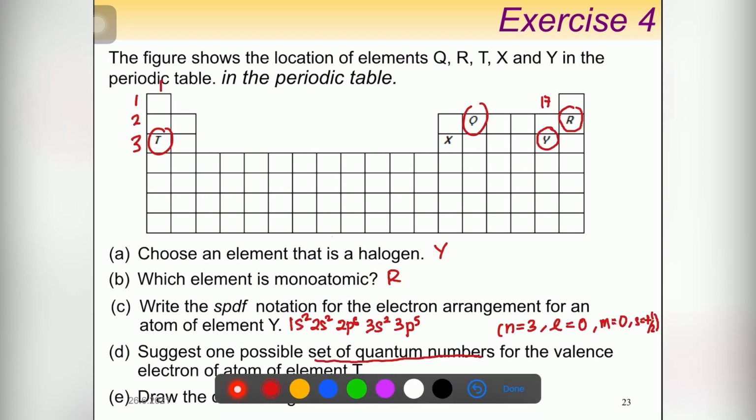Let's see. Q, we know that it is located in period 2 and group 14. It shows that it has 4 valence electrons, and the highest n is 2. Because it is located in block p, the 4 valence electrons occupy orbitals s and p.